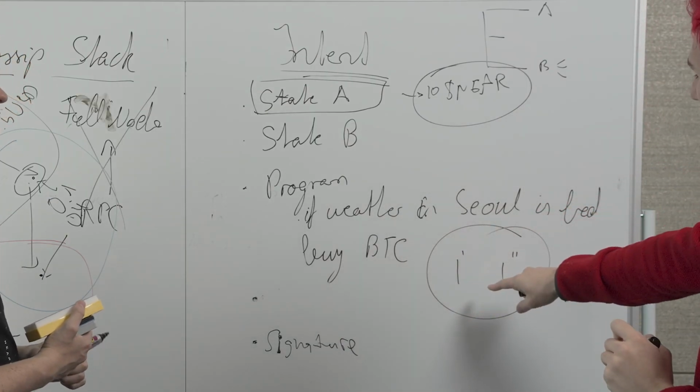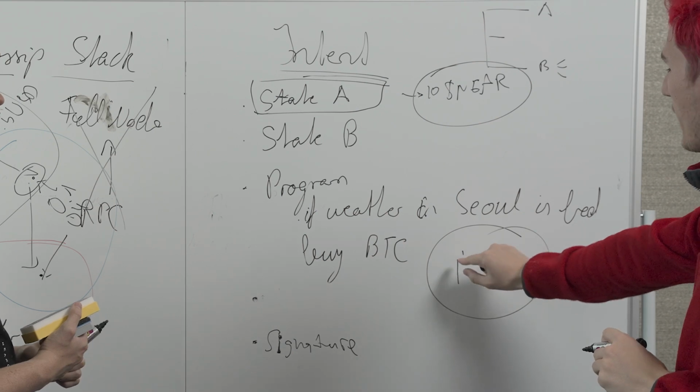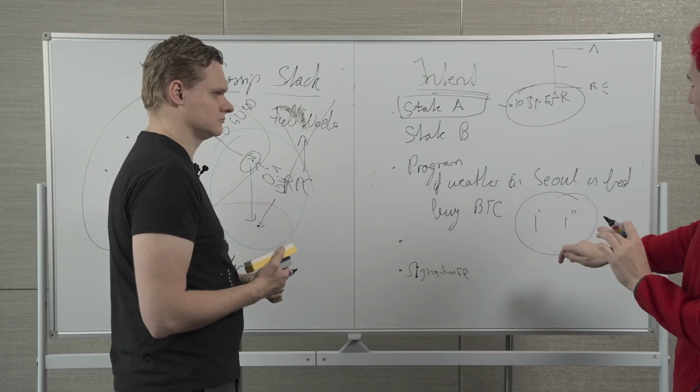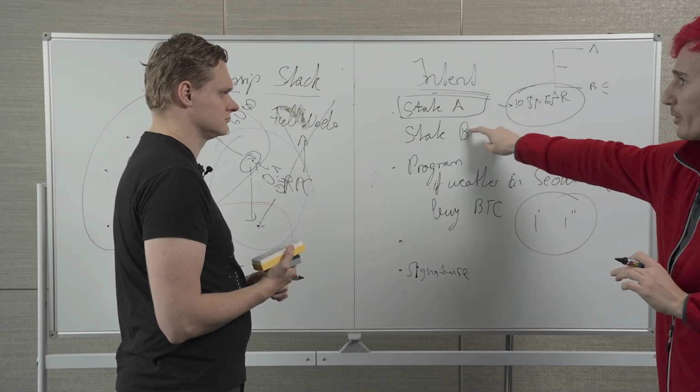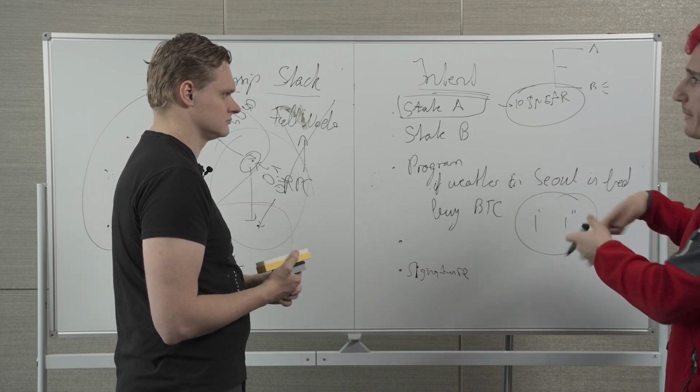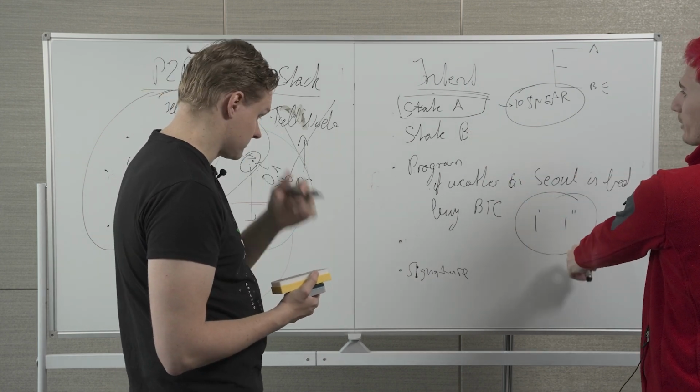You execute them, and then I1 checks whether the proposed resulting state of this transaction is compatible with its state B. Right, so imagine a solver takes intent 1 and intent 2.